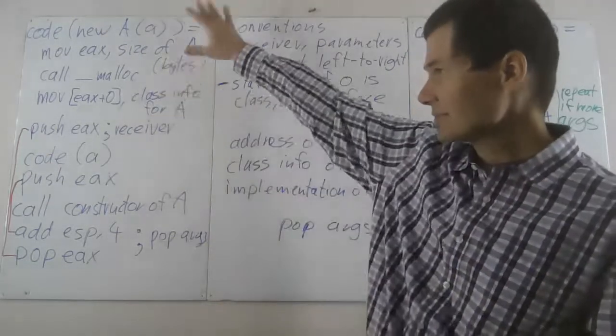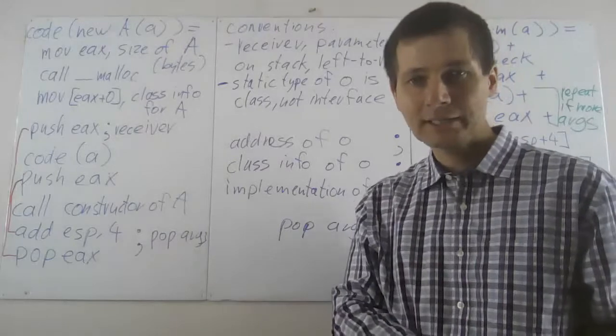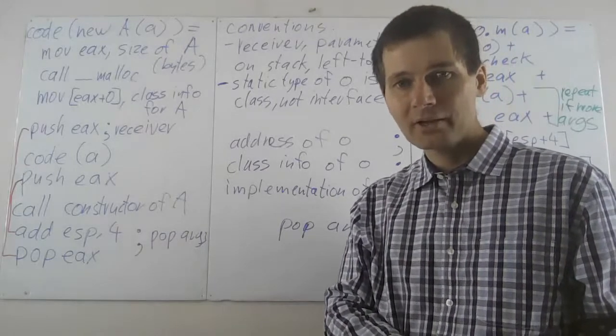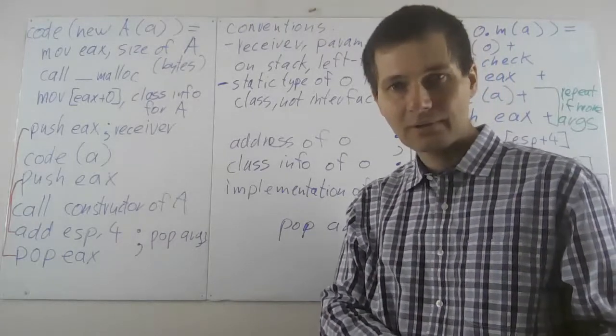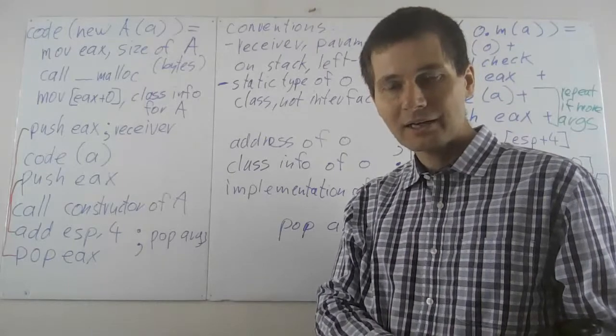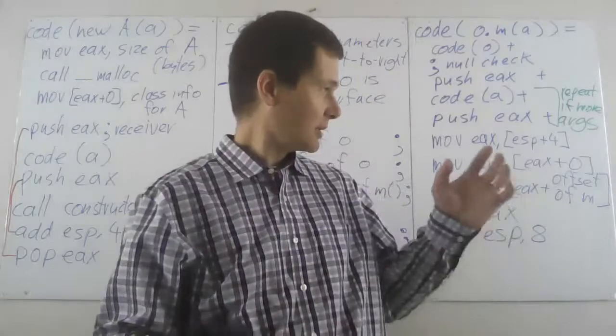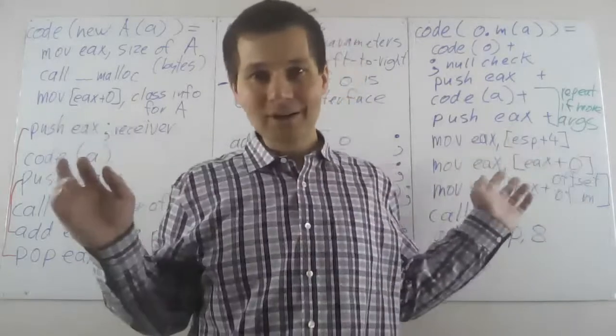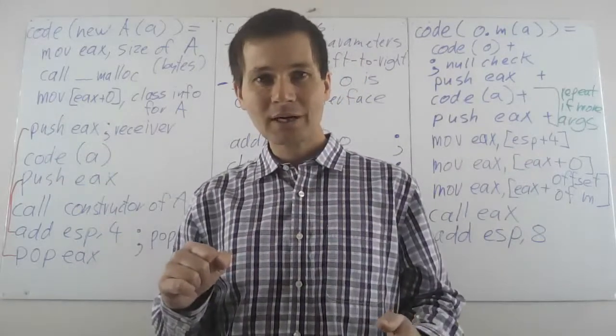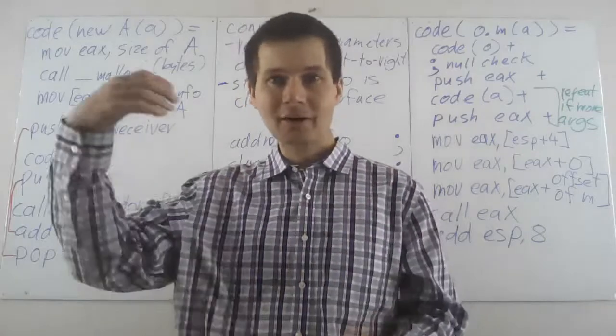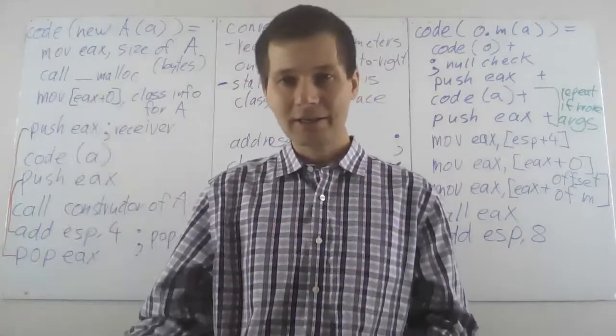Okay, so any questions here about how I'm calling the constructor? Okay. And again, I'm hoping that you can extrapolate from these two code examples to also deal with calling static methods and calling interface methods.